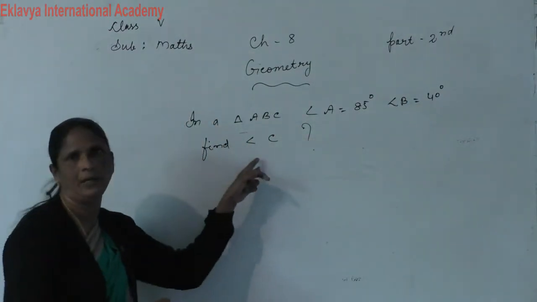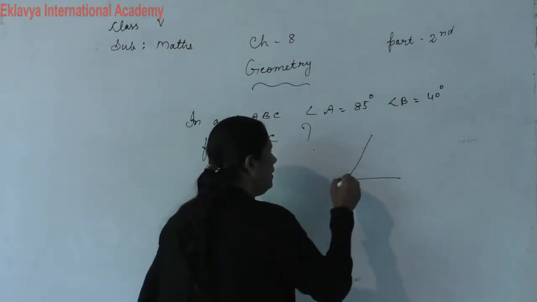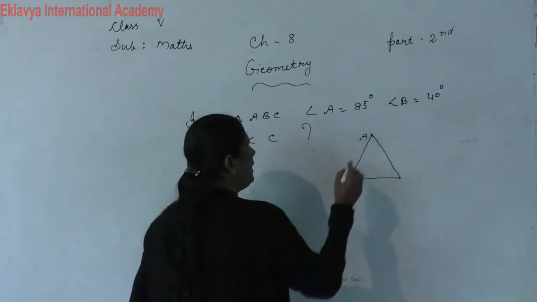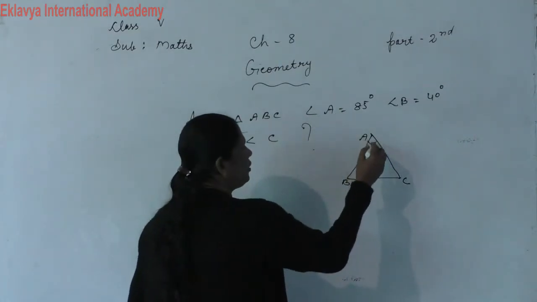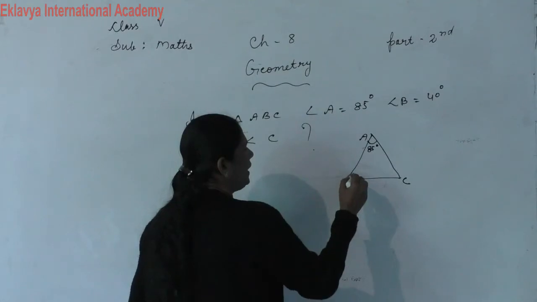Find angle C. First you draw a sketch of the triangle. Then you write A, B, C. Angle A is equal to 85 degrees. Angle B is equal to 40 degrees.